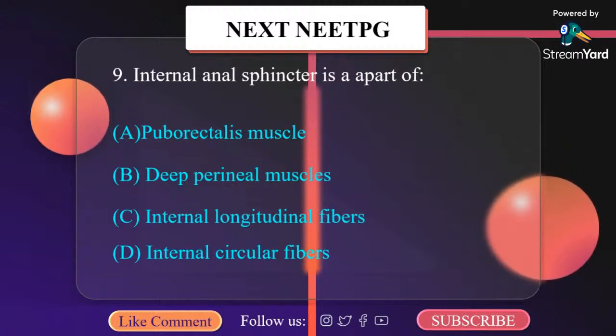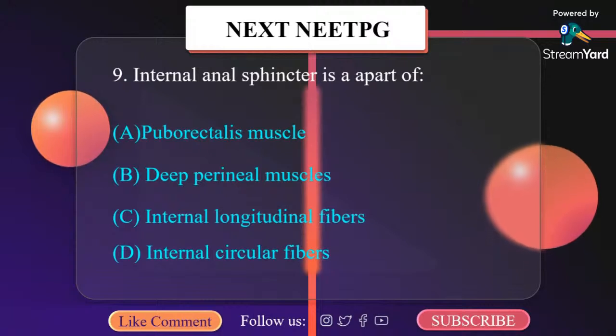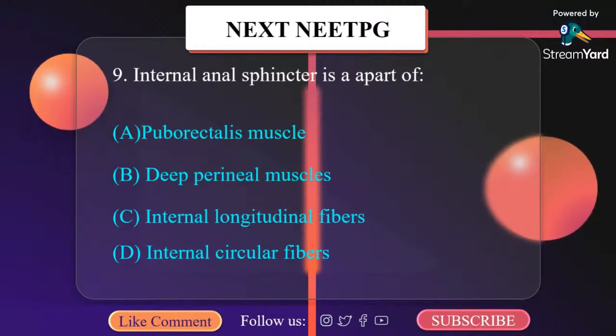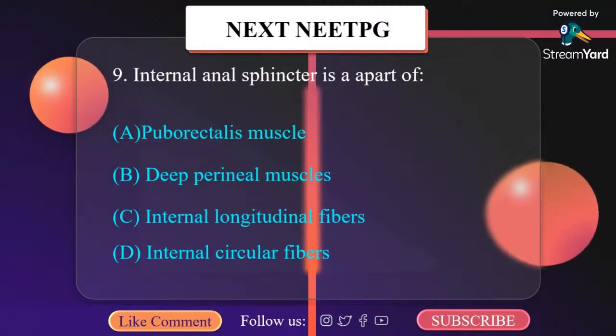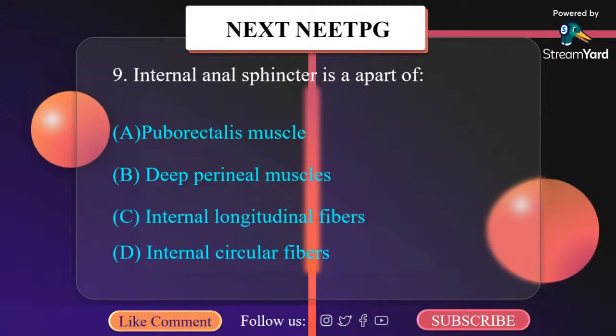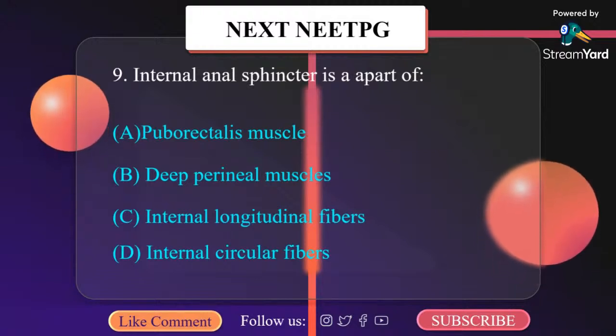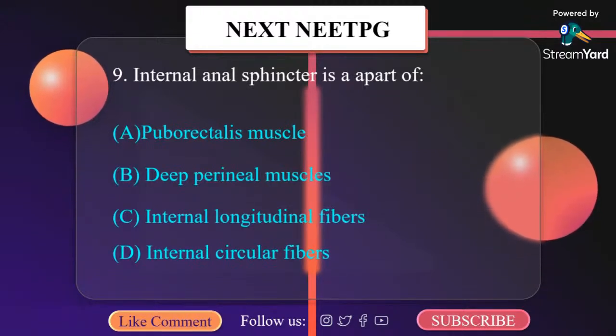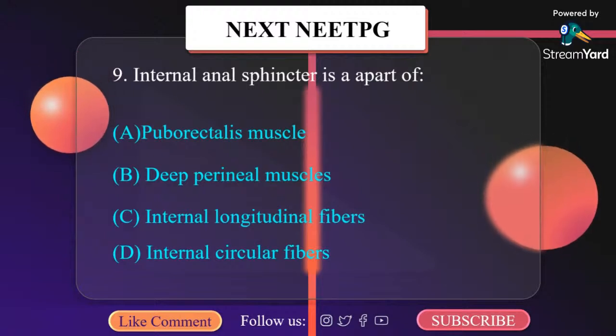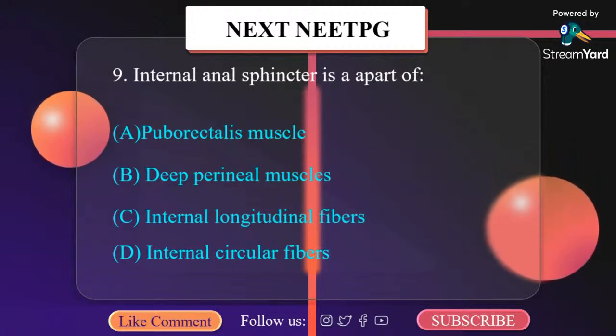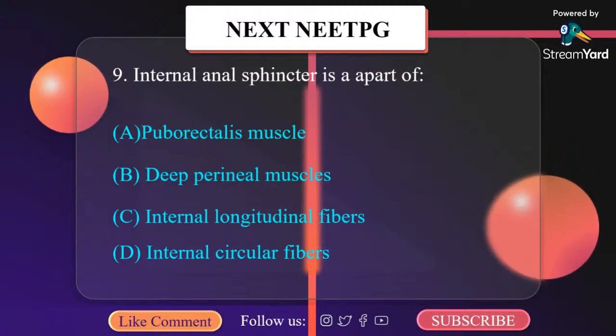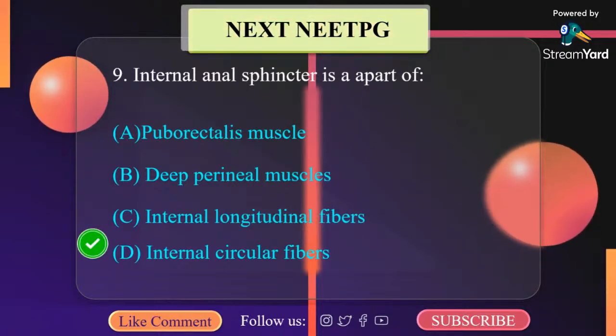The sphincter remains in a state of tonic contraction most of the time to maintain the resting tone or pressure and to prevent leakage of fluid or flatus. Its contraction is maintained by sympathetic fibers from superior rectal, that is periarterial, and hypogastric plexus, and inhibited by parasympathetic pelvic splanchnic nerves. So the correct answer here is D, internal circular fibers.